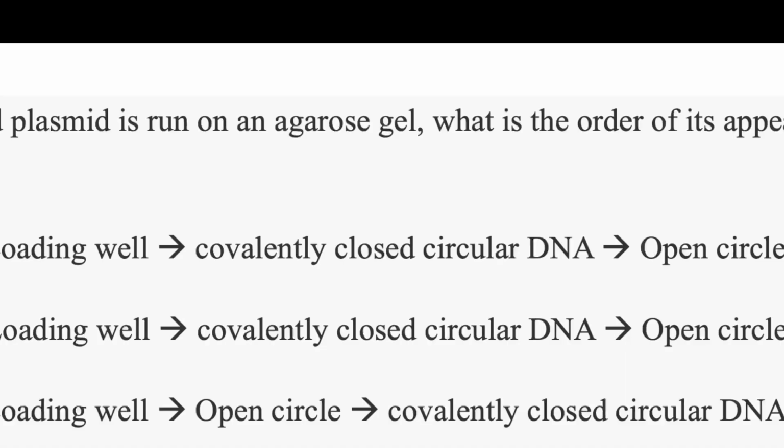Option B, loading well, covalently closed circular DNA, open circle, supercoiled DNA, RNA. Option C, loading well, open circle, covalently closed circular DNA, RNA, supercoiled DNA. And option D, loading well, open circle, covalently closed circular DNA, supercoiled DNA, RNA.